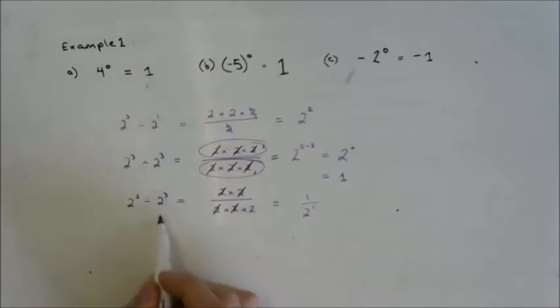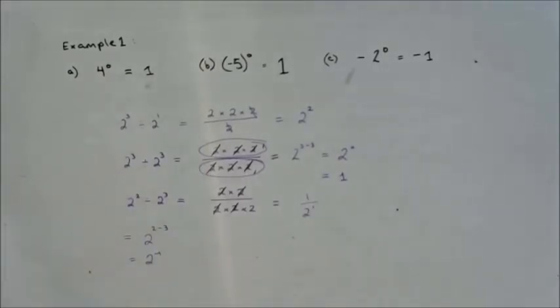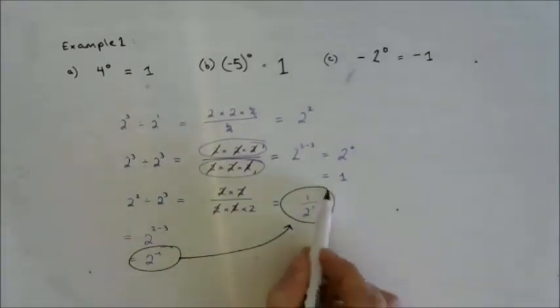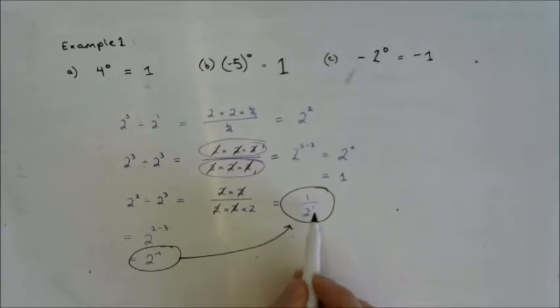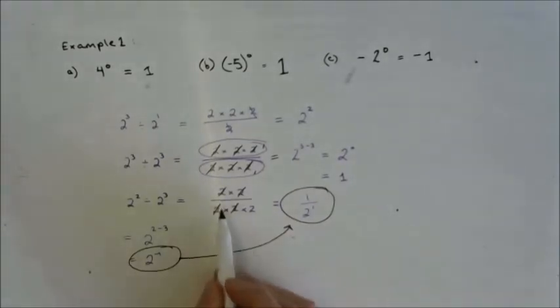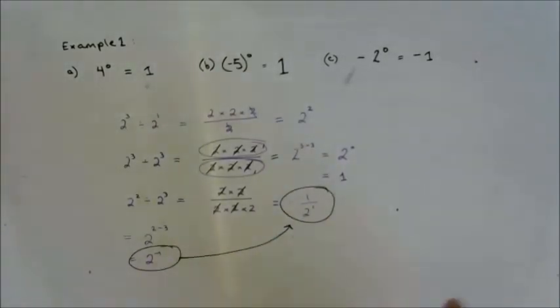And according to our quotient rule, we would have 2 to the power of 2 minus 3, which would be 2 to the power of negative 1. So that's another way of showing that 2 to the power of negative 1 is the exact same as 1 over 2 to the power of 1, because there's a factor left over in the denominator.